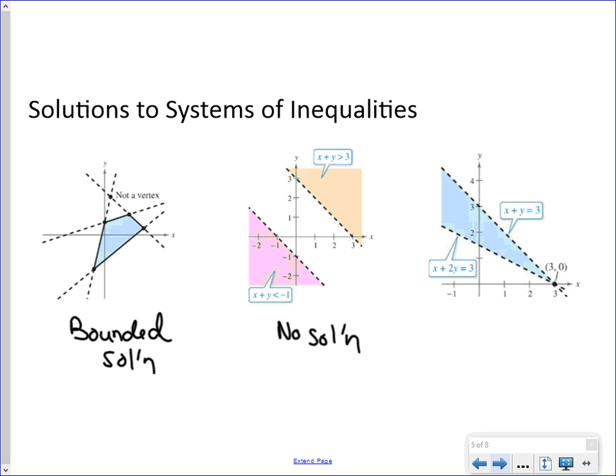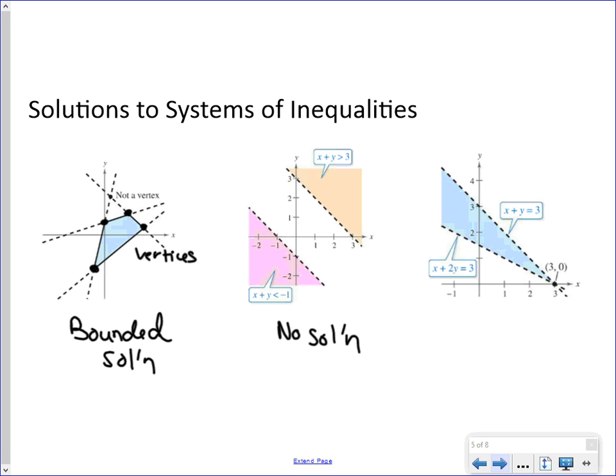For bounded solutions, you'll be able to find places where the curves intersect. In this case, they're all lines. But these points where they intersect are called vertices of the bounded region, and that's something we're going to talk about tomorrow when we do our linear programming. We're going to need to know what those points are on the bounded region.